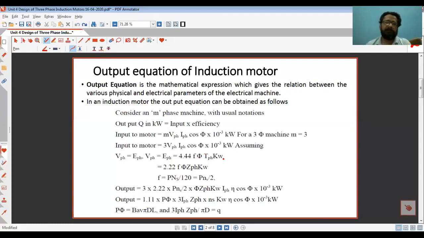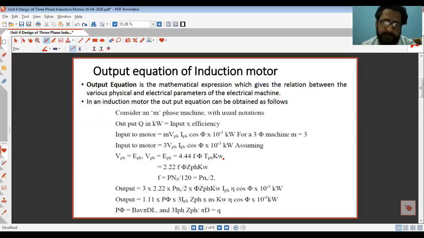Now the output equation of an induction motor. Similar to the DC machine, in which we have also studied the output equation, here also we have the output equation. The output equation is basically a mathematical relationship between various parameters, including physical and electrical parameters of the electrical machine.